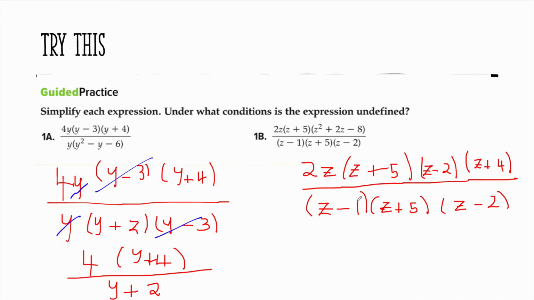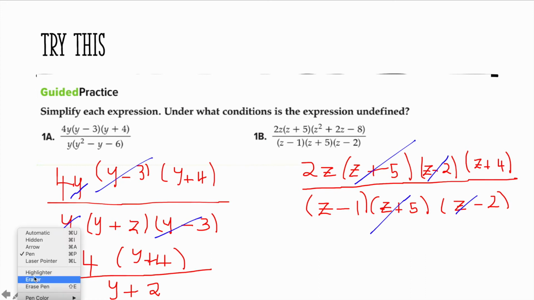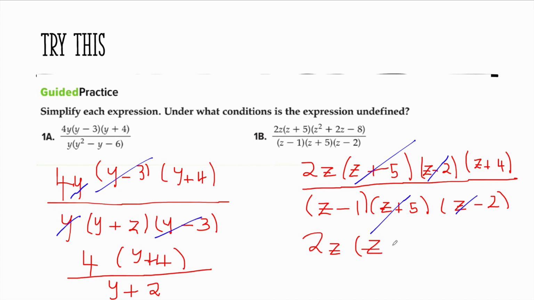So we cancel this, cancel that, and this cancels that. And then we are left with 2z, and then z plus 4, divided by z minus 1. Okay? Right.